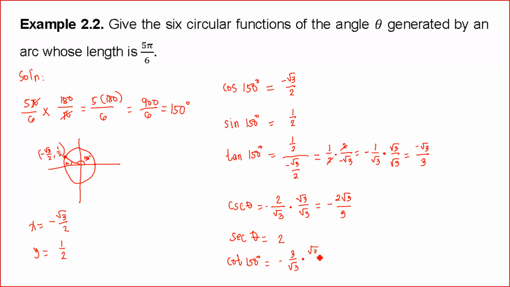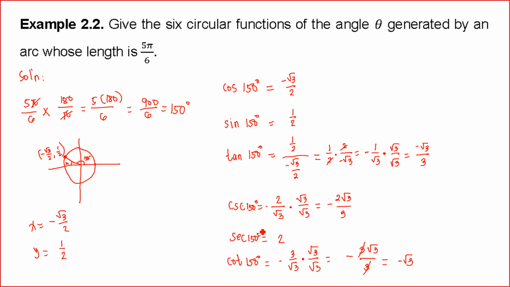Square root of 3 over square root of 3. What we have now is negative 3 square root of 3 over 3. Then we can divide out the numerator and denominator, and what we have would be negative square root of 3. For convention, let's rewrite the theta here as 150 degrees.